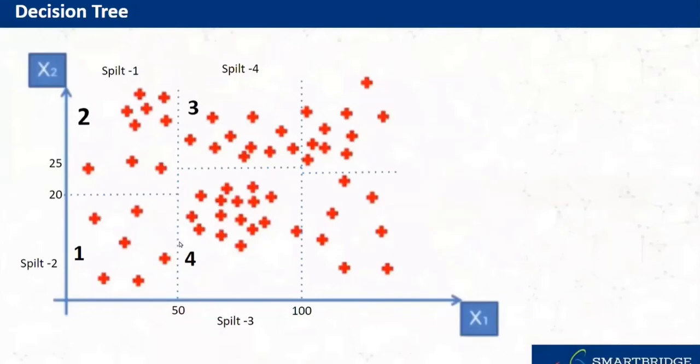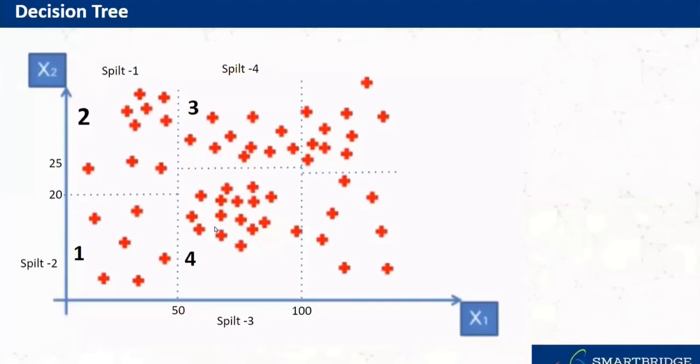This comes under split 4, less than 25. Here I'm splitting the data over here. So now the answer is, for regression, the mean of data situated in the fourth split.